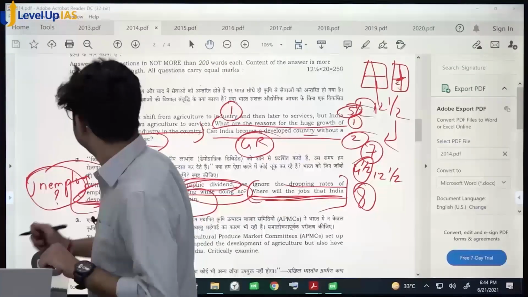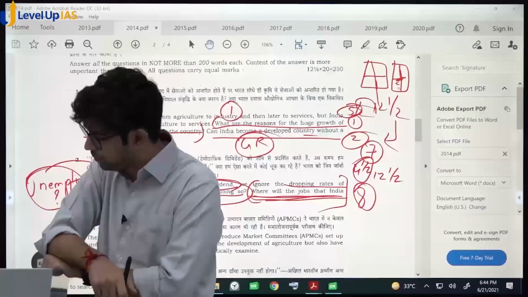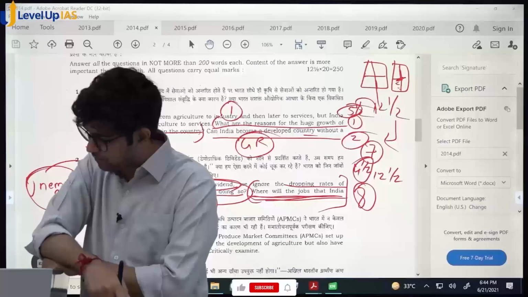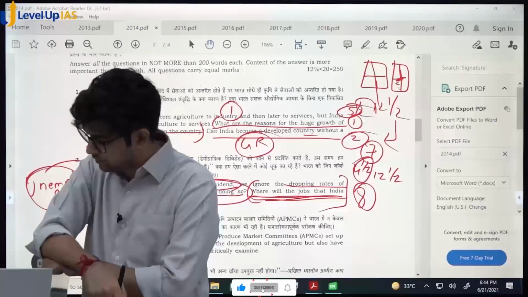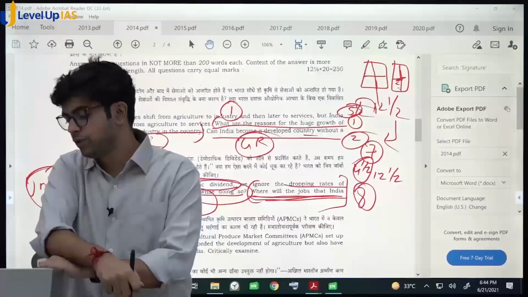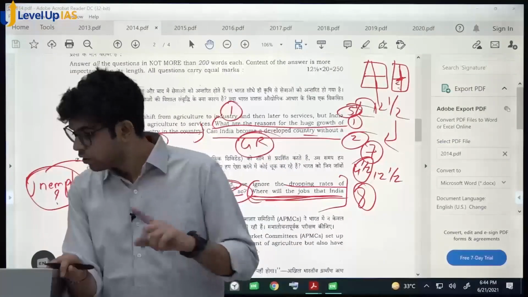Then please write this: 2014 question 2 also in point number 1. Then we come to 2014, same paper, question 1 written, question 2 written.